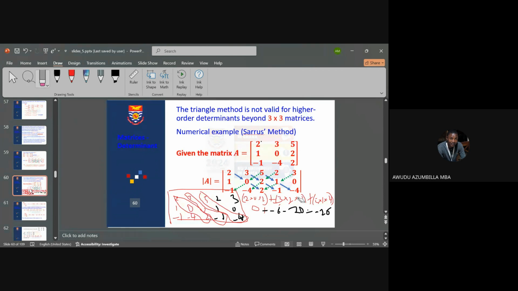Now, this is the sum along the principal diagonals. Now, you have minus 26. So that is what we have. So let's clean this. So the principal diagonals, if you multiply and sum that up, you have minus 26.